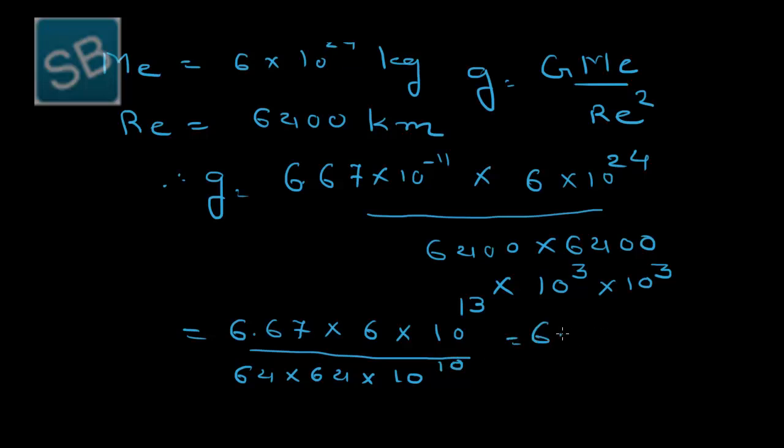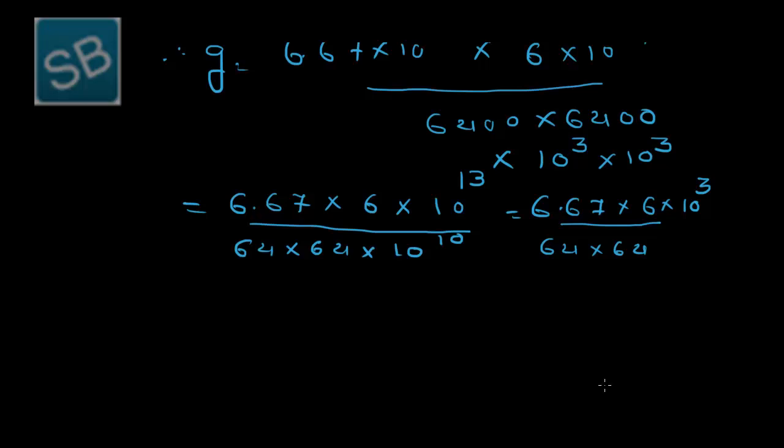That is equal to 6.67 into 6 by 64 into 64, and in the numerator 10 to power 3, is equal to 14.02 divided by 4096 into 10 to power 3.